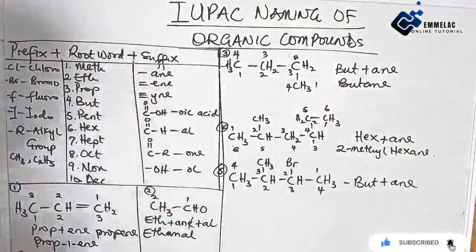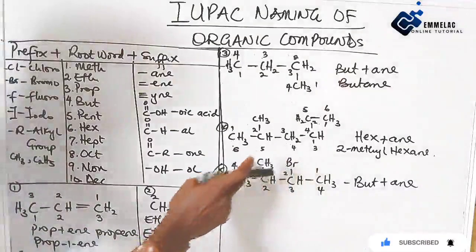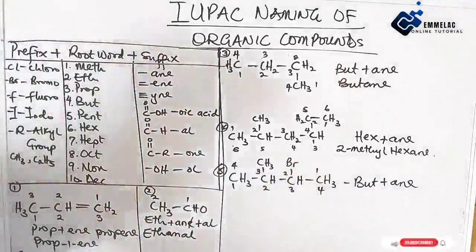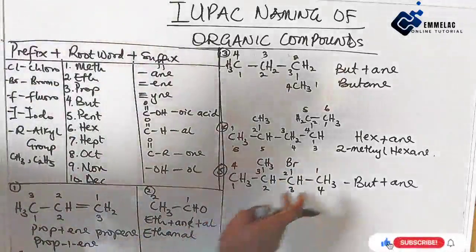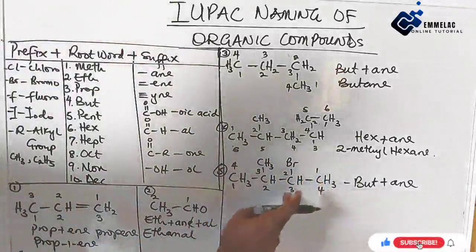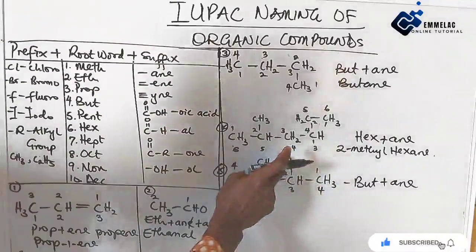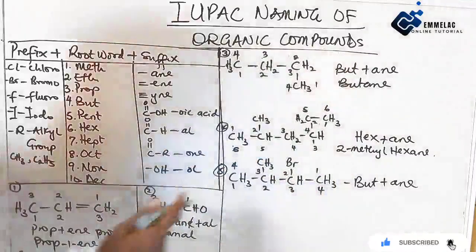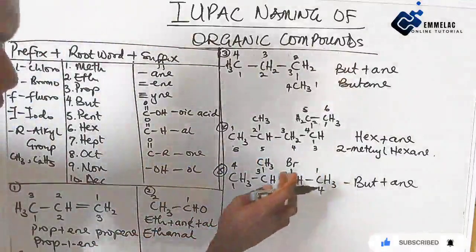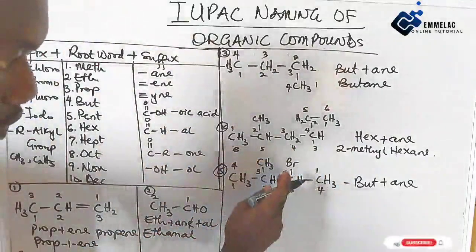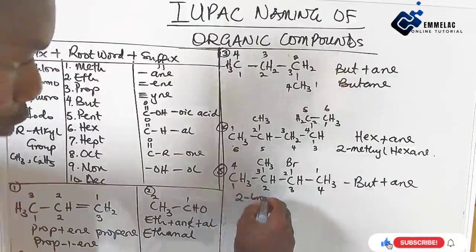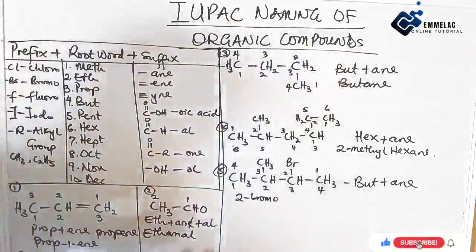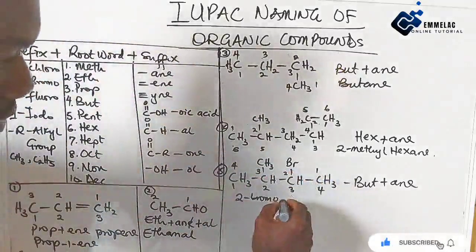If the halogen comes before the alkyl group, then this is 1, 2. So here we start with 1, 2. So here we have 2. The position of bromine here is what? 2 bromo.